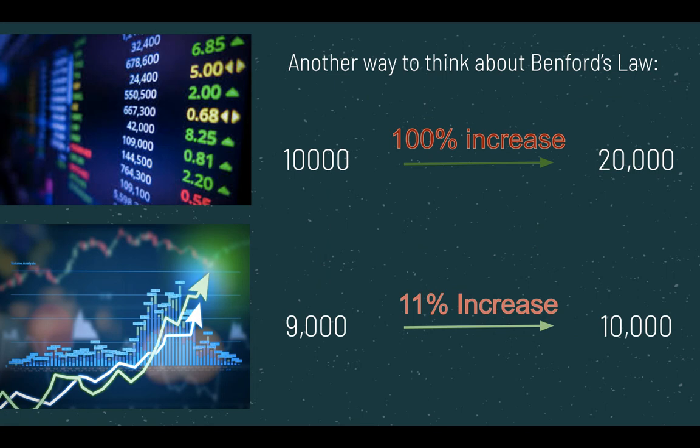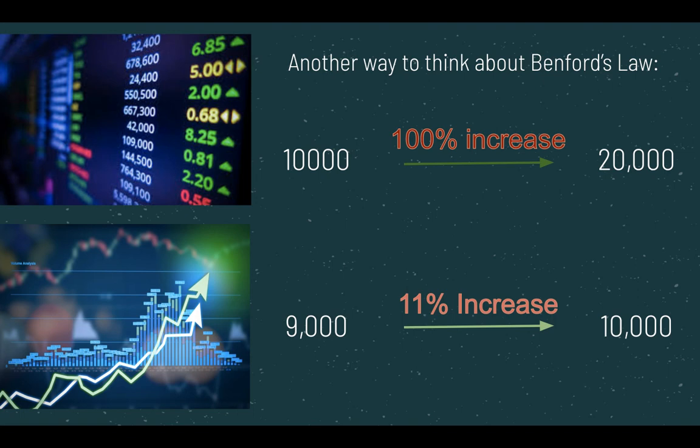Okay, and I think a more intuitive way to think about Benford's law is an easier way to think about it. Let's take, for example, the Nasdaq, and let's say that currently on the stock market it's worth 10,000.